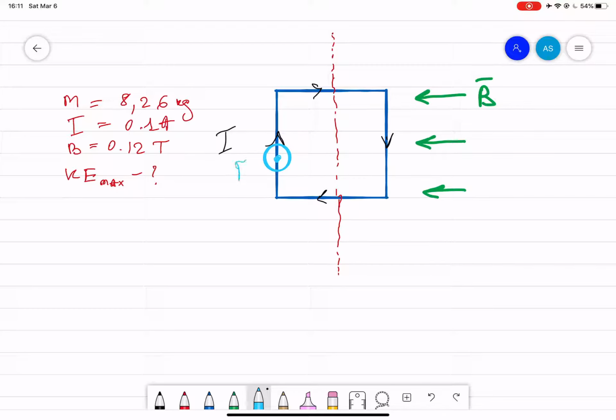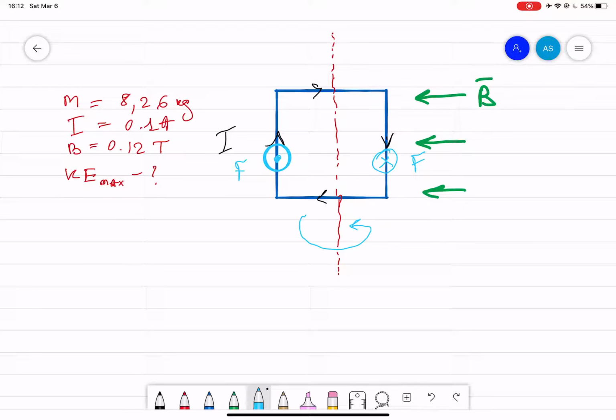This is a force. It's out of the page, and if you take this part, it will be into the page. If that's the case, then the angle between B and the current is 90 degrees. So it will try to rotate in this direction.